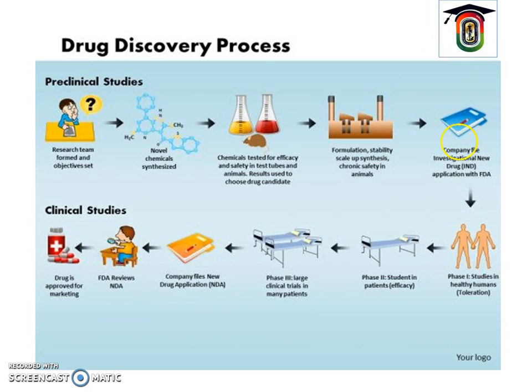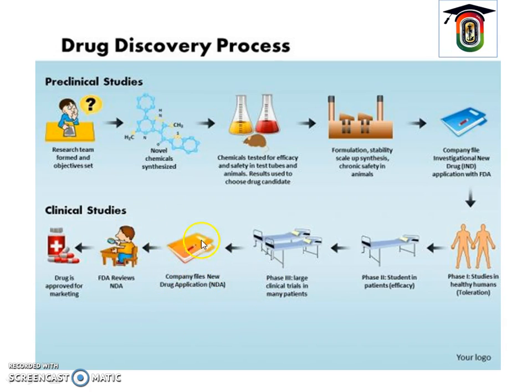In the phase 2 studies, the efficacy of a drug is checked in patients. Once phase 2 is successful, the drug molecule then moves to phase 3 studies, where the clinical trials are done in a larger number of patients than were included in phase 2.